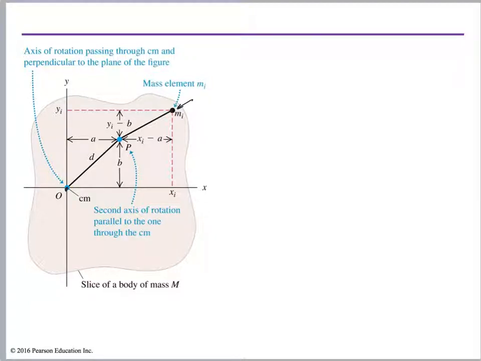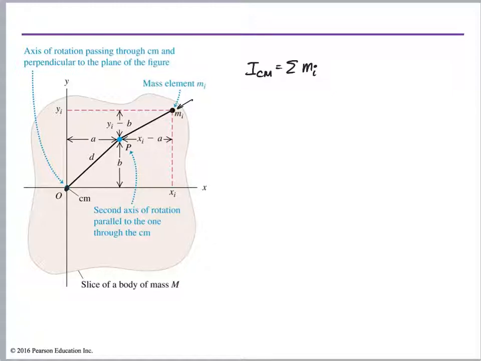So we start off with some expressions. If I wanted to find the moment of inertia about the center of mass, we would be measuring from the origin, it would be the sum of the m sub i's times the radius squared.